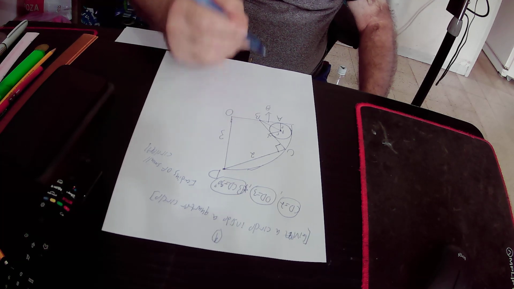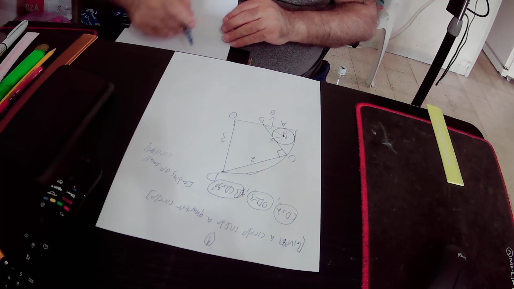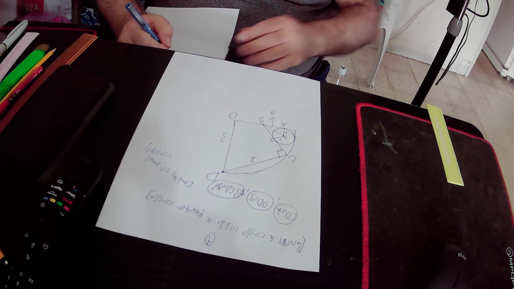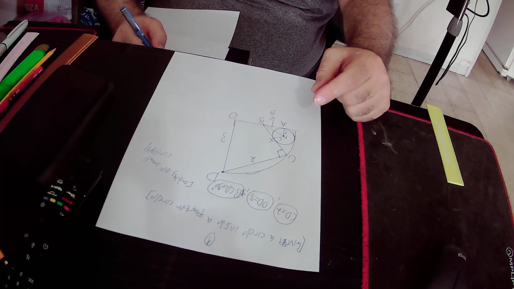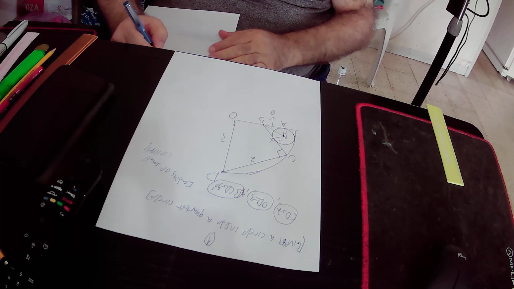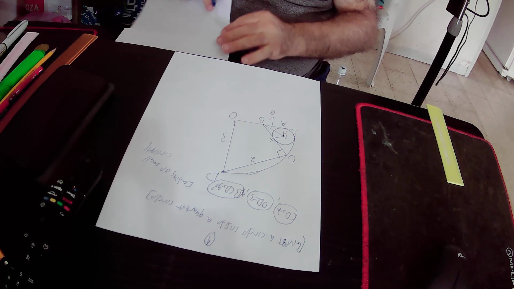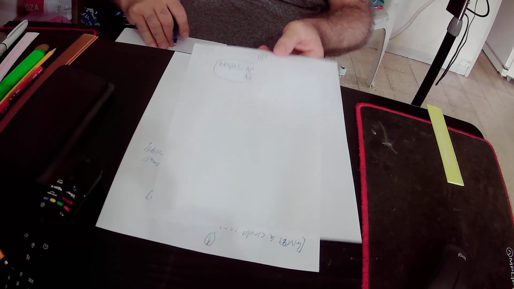And actually tangent theta equals AP over AB. Okay, again, tangent theta equals AP over AB.